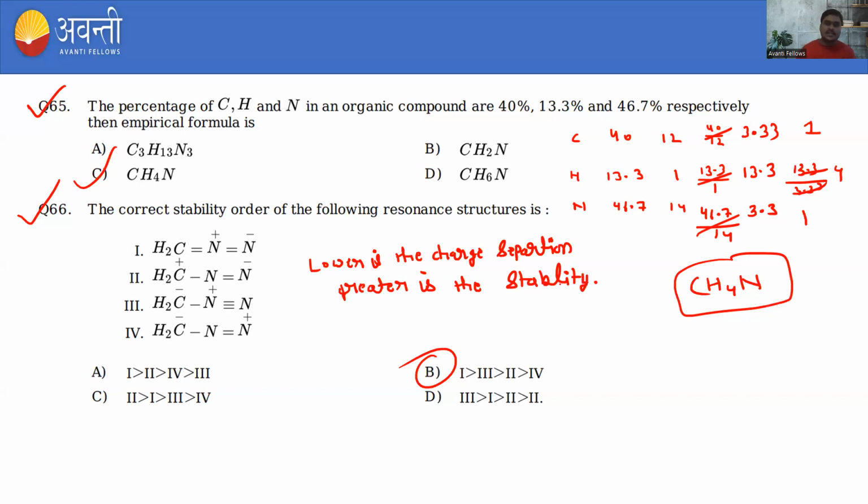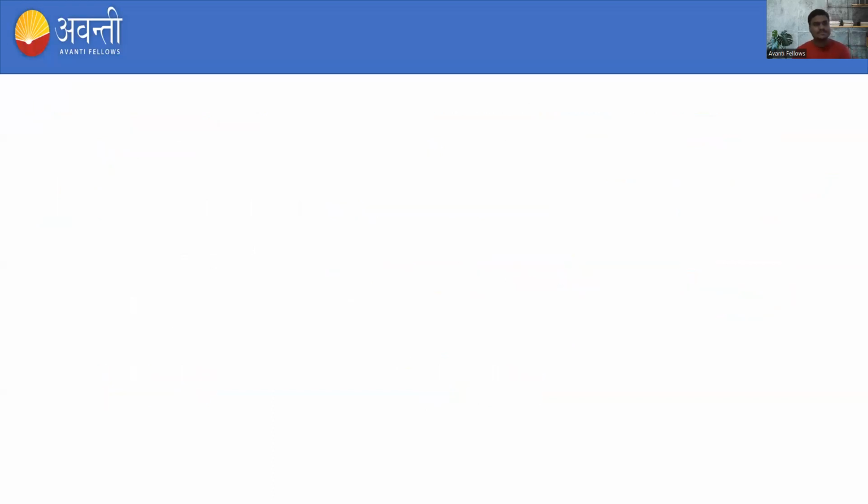So lower is the charge separation, greater is the stability. So always remember this formula only. So which one is the stable? That is 1, 3, 2, and 4. So this is the correct stability order for the following resonating structures.